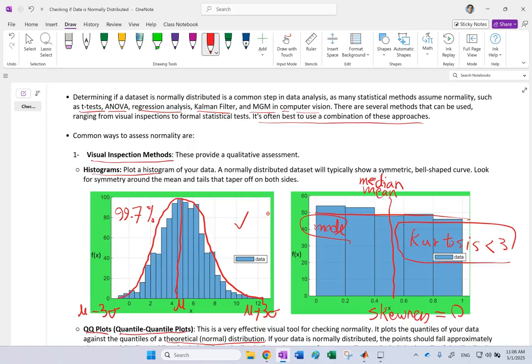So if you look at the range of the data and see whether your max and min are close to these numbers, that could also be an indication. If max is close to this number and min is close to this number, that is a good indication. Otherwise, it might not necessarily be a good normal distribution.